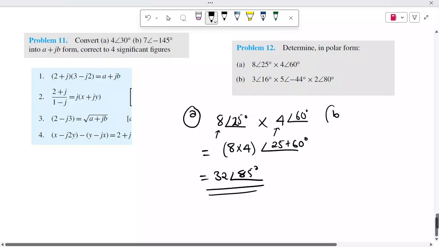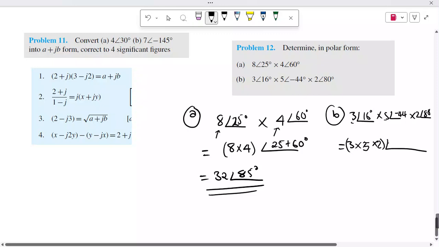So part B, you have 3 at an angle 16 degrees, multiplied by 5 at an angle negative 44 degrees, multiplied by 2 at an angle 80 degrees. The same applies. You multiply the r's: r here is 3, here is 5, here is 2. So you have 3 by 5 by 2.